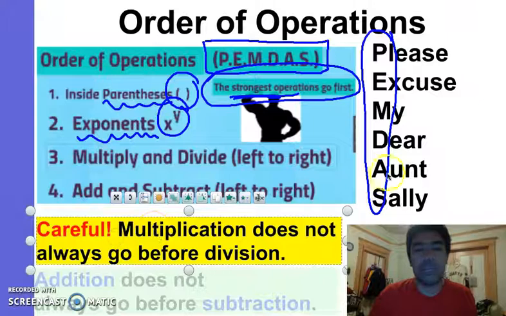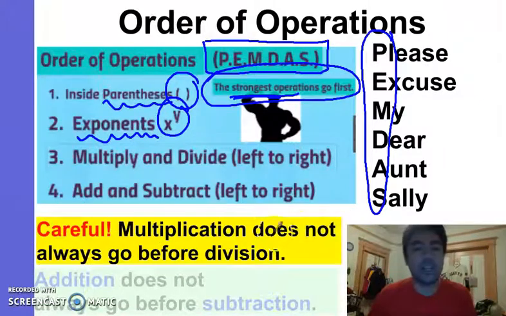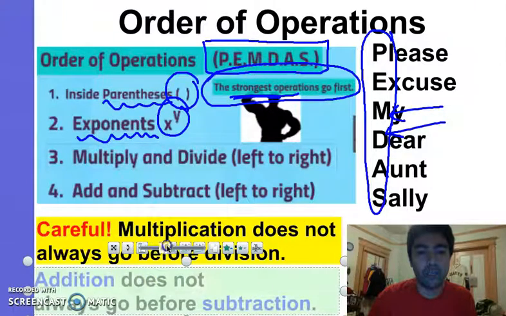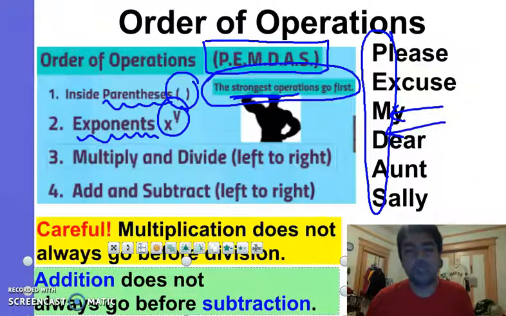You have to be careful that multiplication does not always go before division. It looks like M goes before D, but it doesn't always. And the other thing to be careful about is that addition does not always go before subtraction.